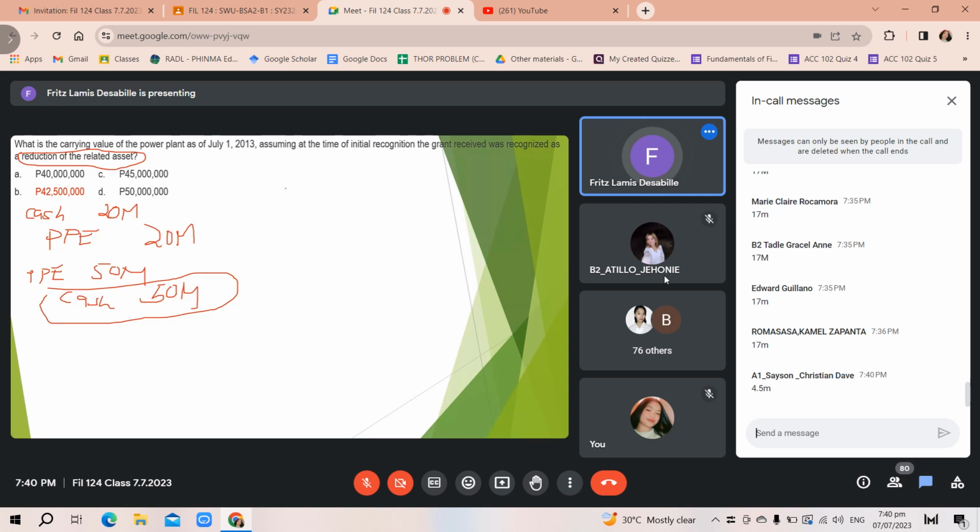How did we compute? That is 30 million, that is 50 minus 20, 30. Divided by 10, that is 3 million per year, times 1.5 years. That is correct, no? 4.5 million. So entry na to, depreciation expense 4.5, credit accumulated depreciation 4.5.